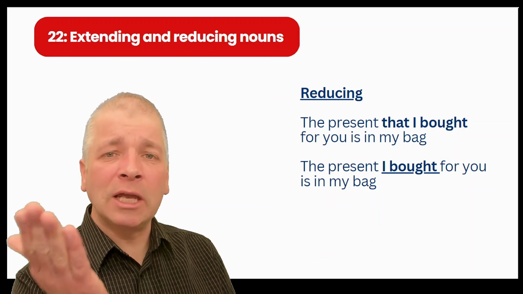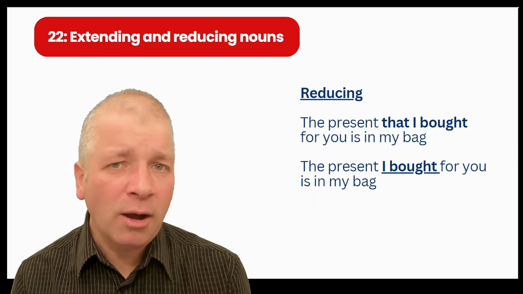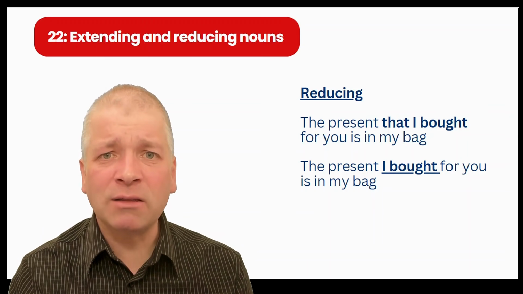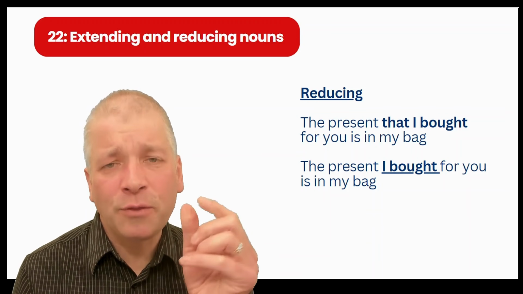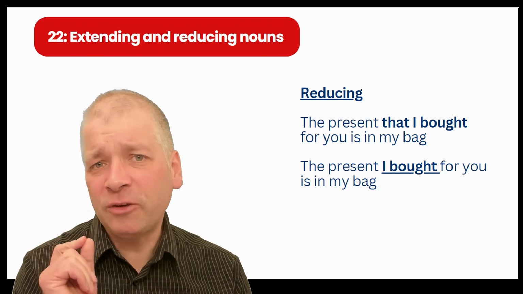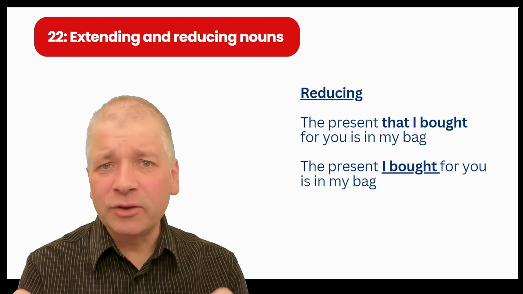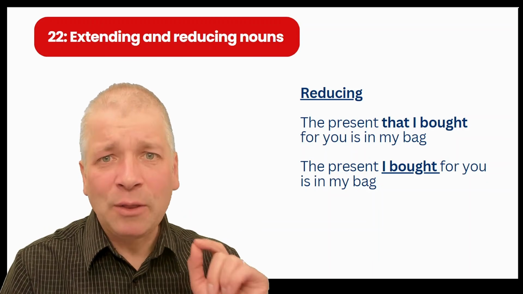And here we can lose "that" because the subject at the start of the sentence is different to the subject in the relative clause. The subject of the whole sentence is the present. The subject of the relative clause is I. When they are different, you can often remove the relative pronoun "that."